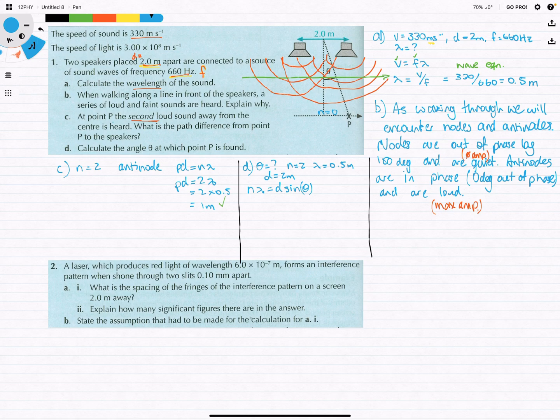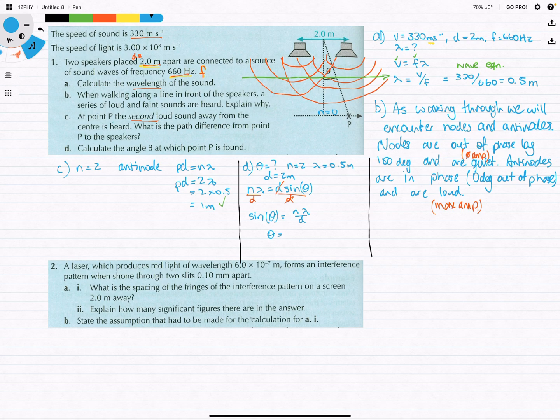Nice, and we're trying to find theta. So we're going to divide both sides by d. These will cancel out. We get sine theta equals n lambda over d.